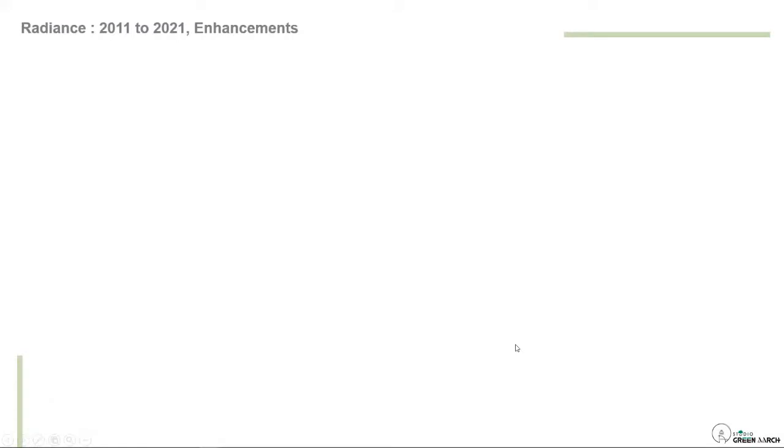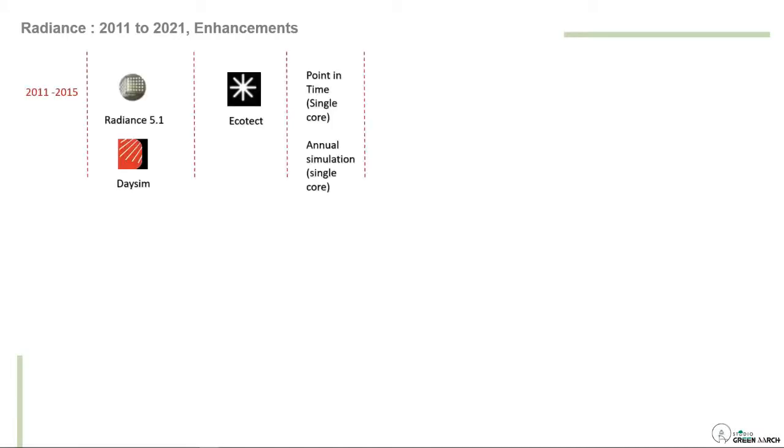Now let us dive into how Radiance has changed, what is coming in the future for Radiance, and how it is helping architects in the very early stage of design. So in 2011 to 15, we were using Ecotect as a graphical user interface, not a simulation engine.